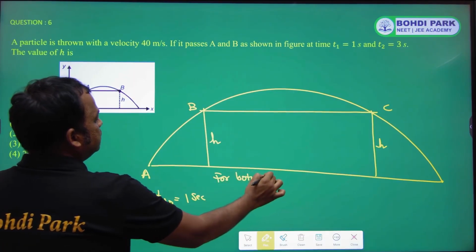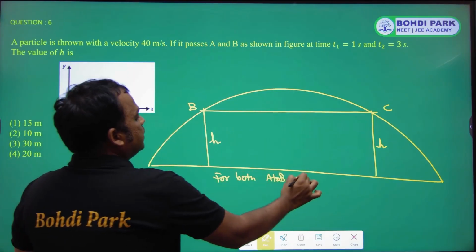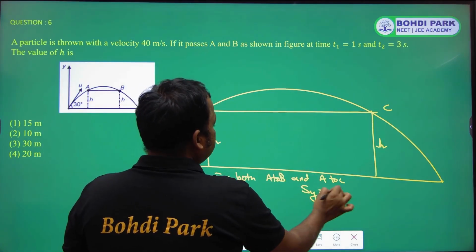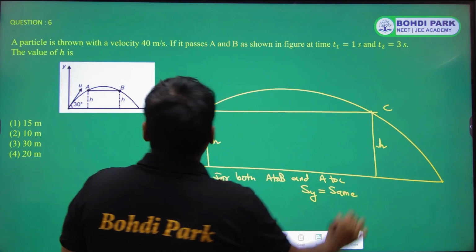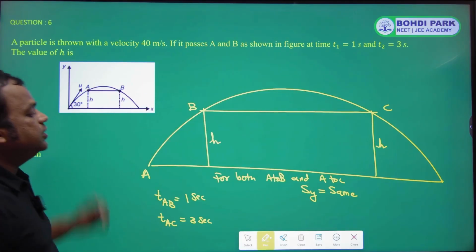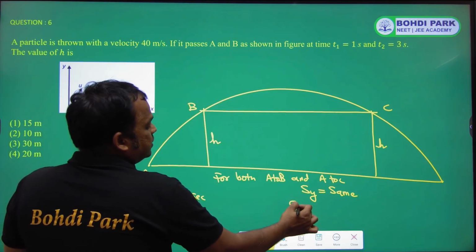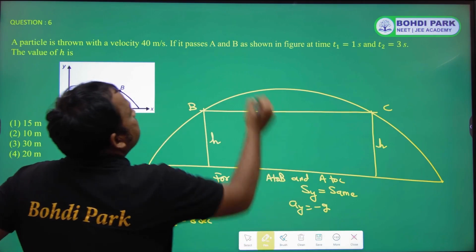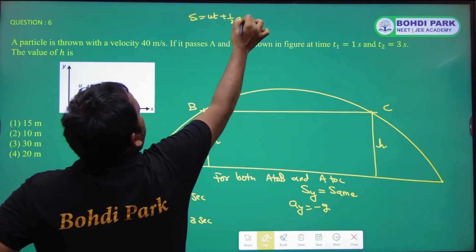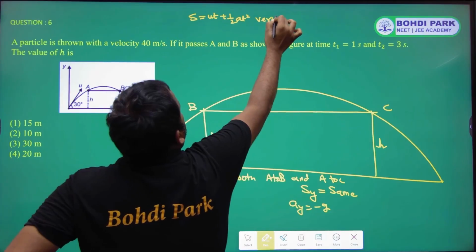For both A to B and A to C, displacement along y direction is same. Vertical displacement is same, and acceleration along y direction is minus g. So we can use s is equal to ut plus half at square in the vertical direction.